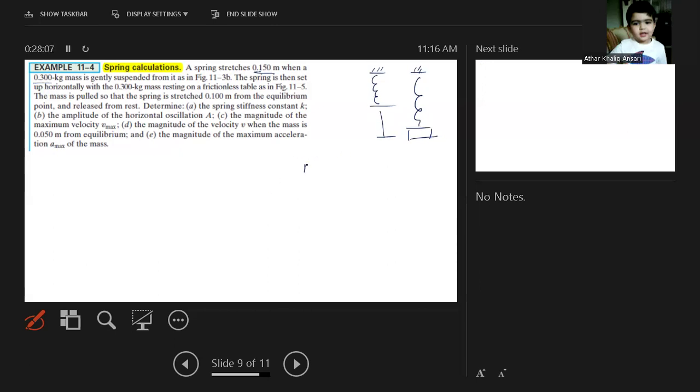So first of all, you are finding K equal to mg over x. M is 0.3, g is 9.8 and x is 0.15, and it is in meters, so you don't need to convert. So what is K here? Can you please recheck again?